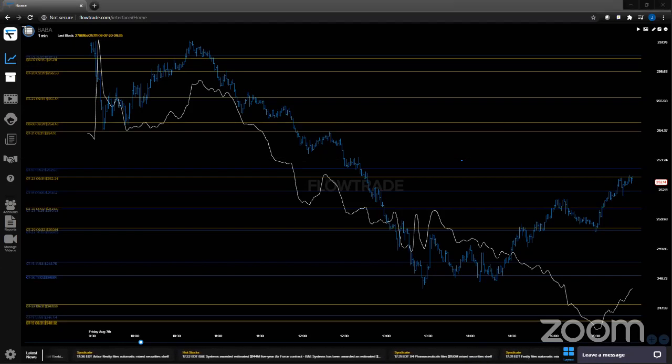Really, you could take the flow index and have it as a sub indicator, just so people don't have that confusion. But we wanted it on the same chart so that the divergence is much cleaner, much more visible, because that's really what you're looking for. Is the price going in the same direction as the algo index, or are they going in opposite directions? That's really what you're looking for when you're talking divergence.